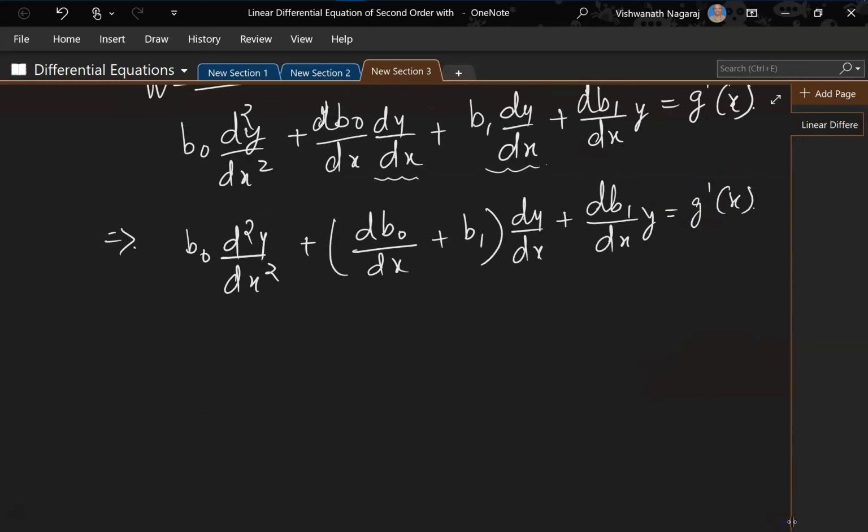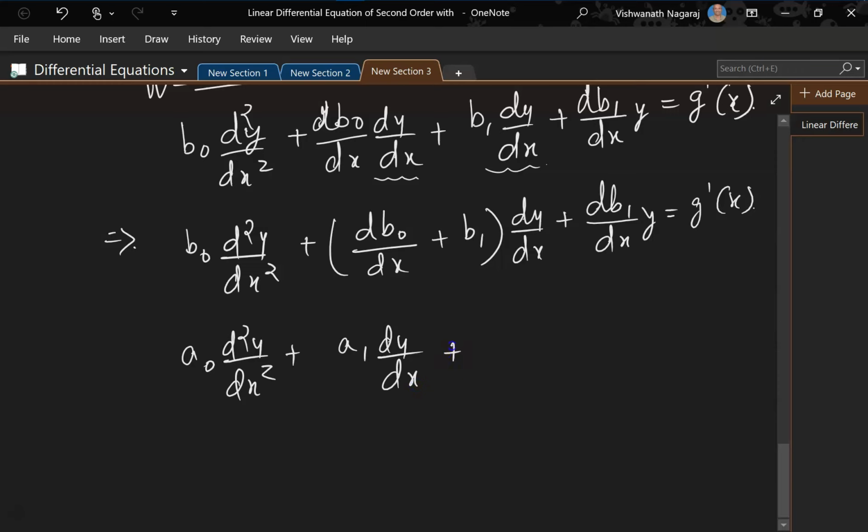Now we'll compare it with equation A. Equation A is a0 d2y/dx² plus a1 dy/dx plus a2 y is equal to f(x).